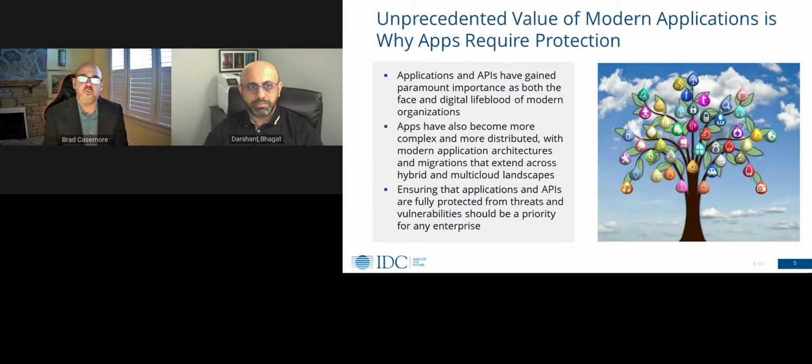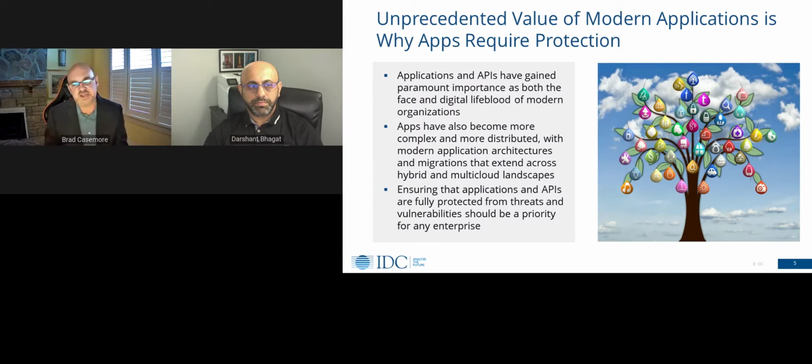Now, we know this is absolutely necessary because we know the application in this modern cloud world is more important than ever. When you think about the way applications have evolved in the cloud era, applications, of course, were always used, at least in the client-server era, for back office applications supporting the business. But now applications are at the forefront of how we do business.